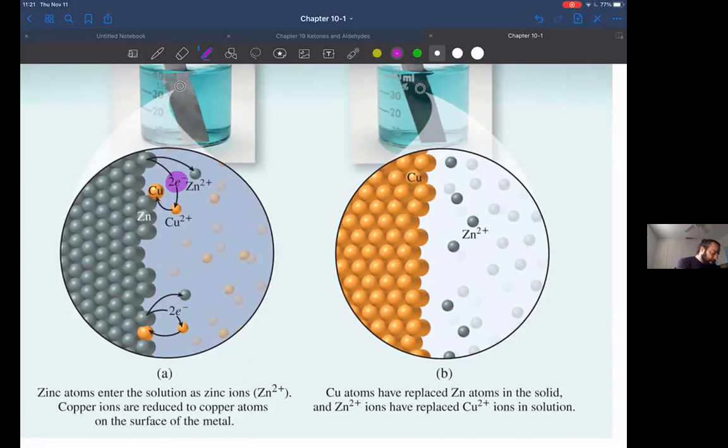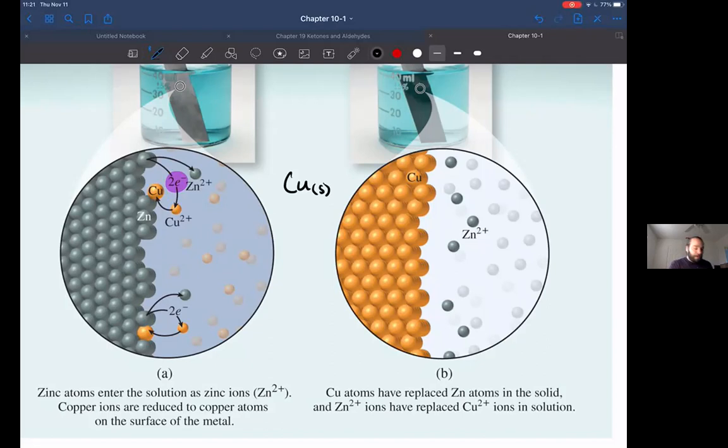So copper goes from being a copper 2+ ion to just being copper metal, going from having a positive 2 charge to having a neutral charge, which is the same thing as copper solid.